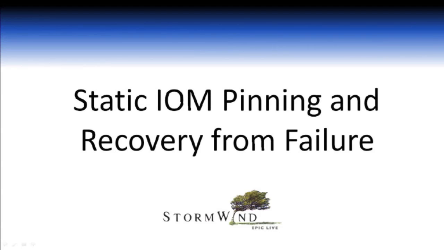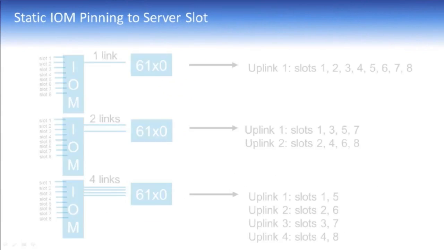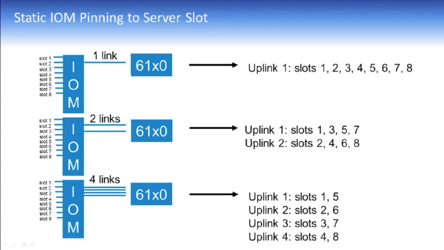The 1-link, the 2-link, or the 4-link topologies. And we know that the mezzanine card inside the blade server has the 10 gig connection. So the UCS system is going to be dynamically, on its own, pinning these virtual MAC addresses to particular uplinks.